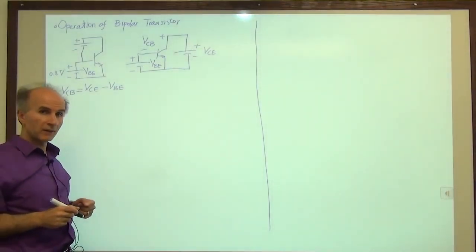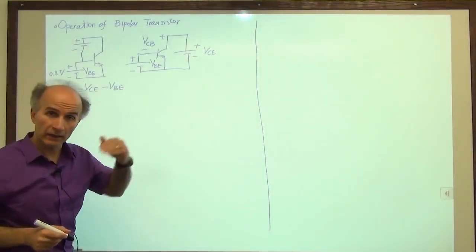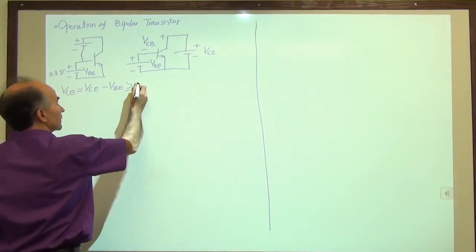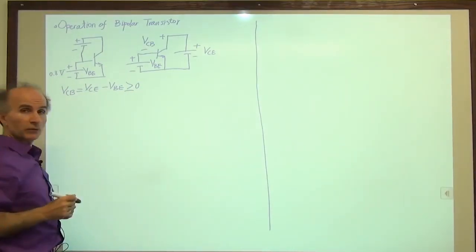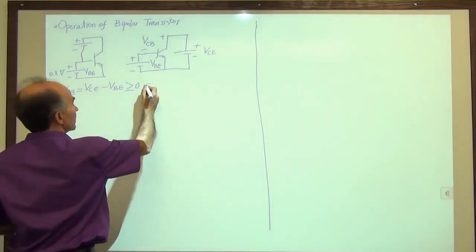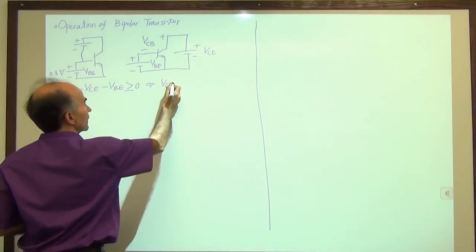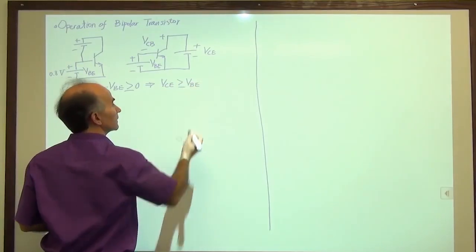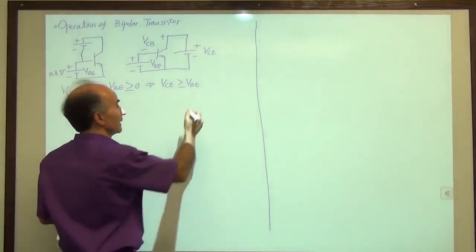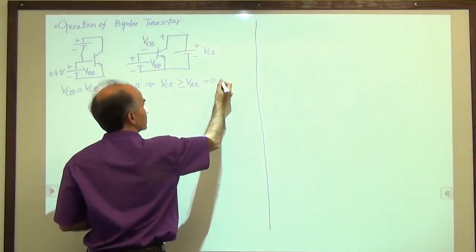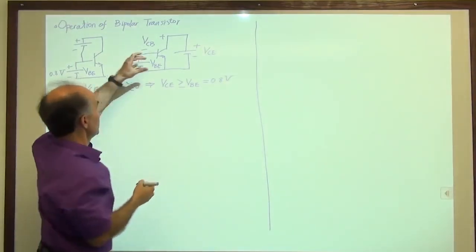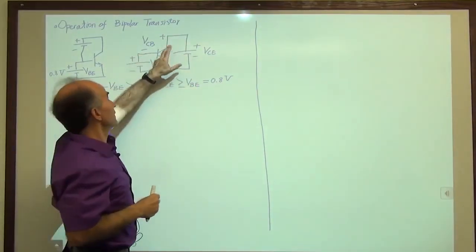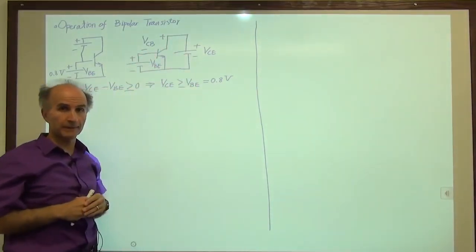And because I want VCB to be 0 or higher, 0 or reverse bias, this has to be greater than or equal to 0. That means that VCE has to be chosen to be this much. So for example, if VBE is 0.8 volts, then VCE has to be 0.8 volts or higher. The higher it is, the more reverse bias we have from collector to base.